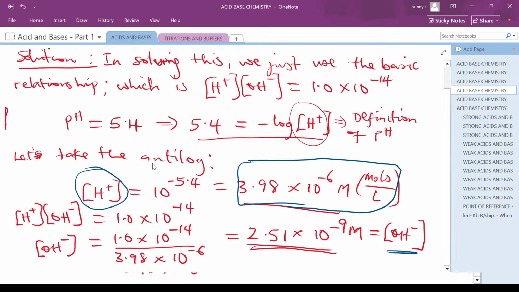Okay, I think this is what you are saying: how did we get 10 to minus 6?